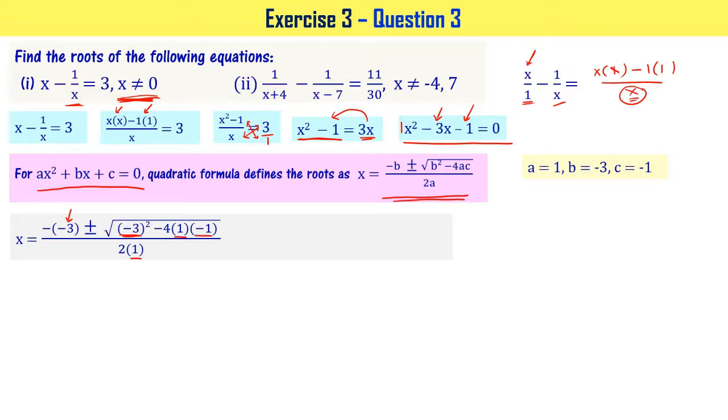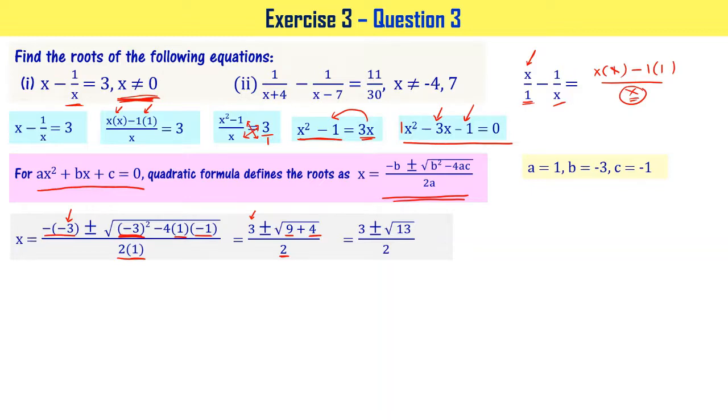This can be simplified and written as minus times minus 3 is plus 3, and this minus 3 whole square is plus 9, right, under root, and minus 4 times 1 times minus 1 is plus 4, divided by 2 times 1 equal to 2, right? 3 plus or minus square root of 13 divided by 2 is the value of x, right?